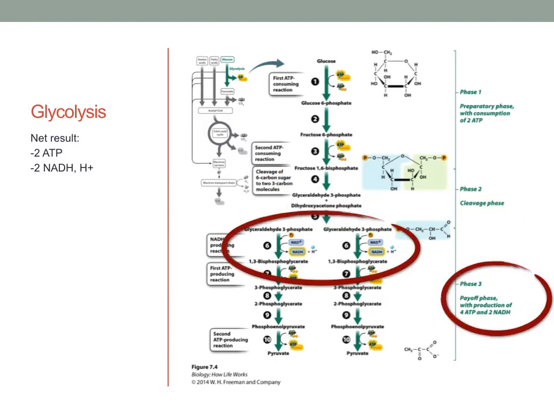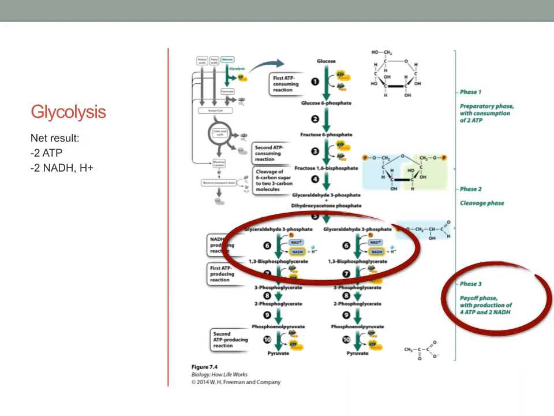So we enter now in phase 3, or the payoff phase, the one that will produce ATP. The glyceraldehyde 3-phosphate, again, you have two of them coming from the cleavage of one fructose molecule, will be converted into 1,3-bisphosphoglycerate, because one phosphate coming from the cytosol will be added on the molecule.